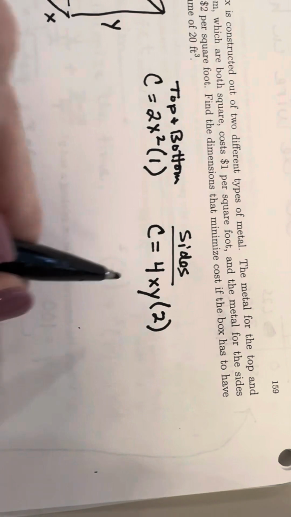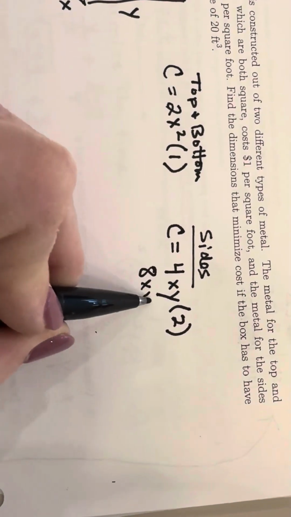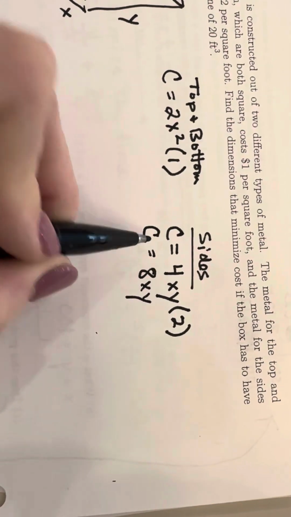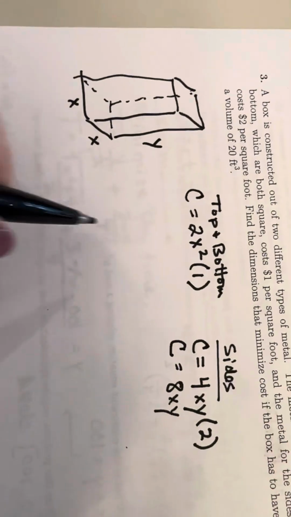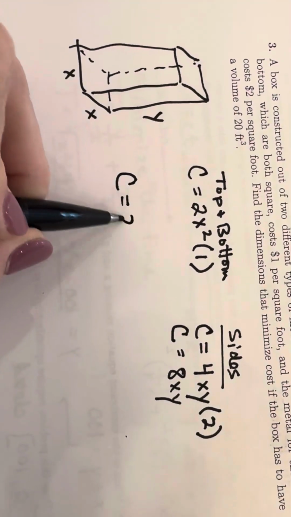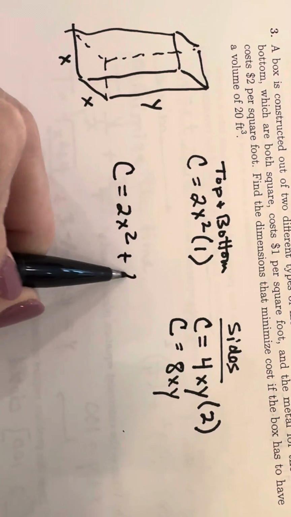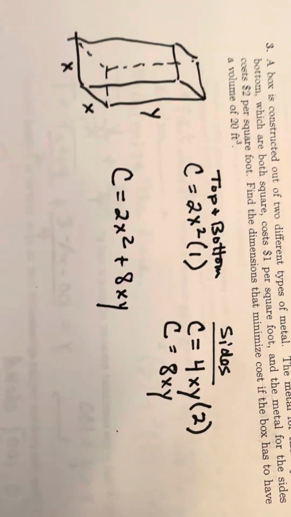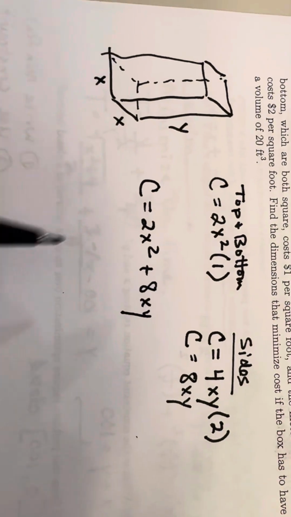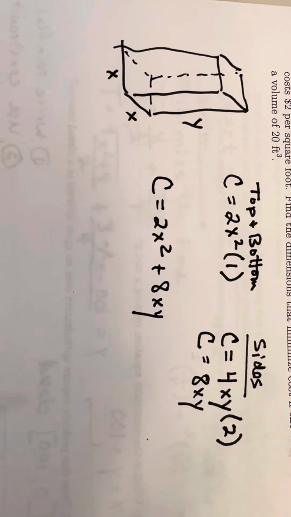Okay, so there's your equation, and you're going to wind up with 8xy for the cost of the sides. So the total cost is going to be 2x squared plus 8xy, okay? And now we have an equation representing cost.